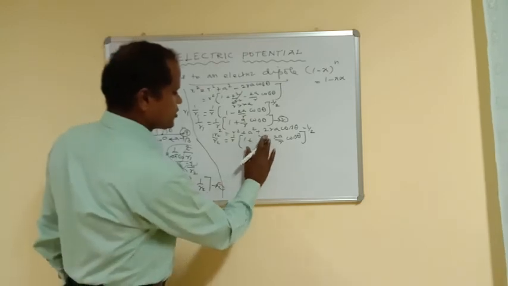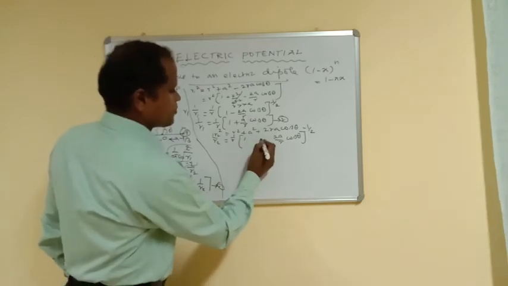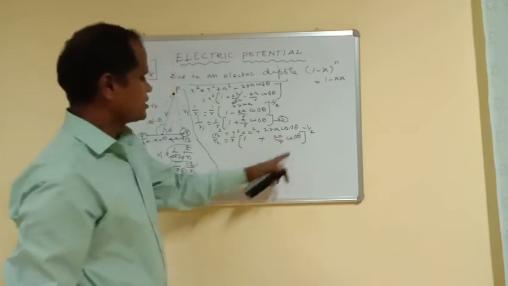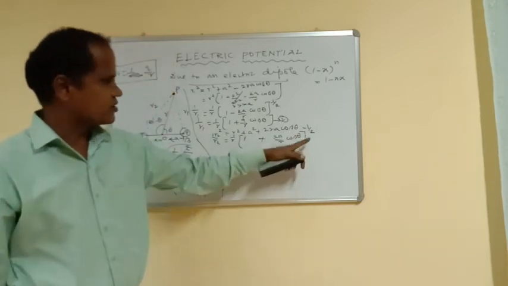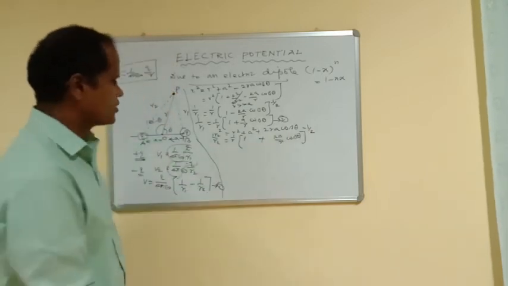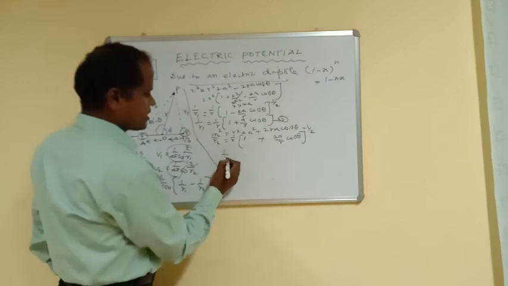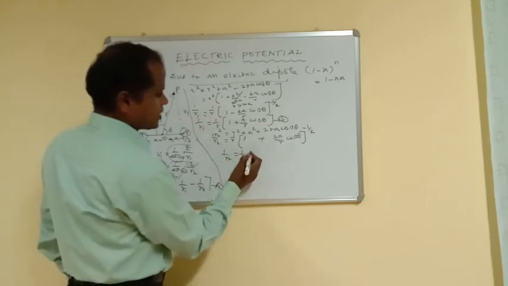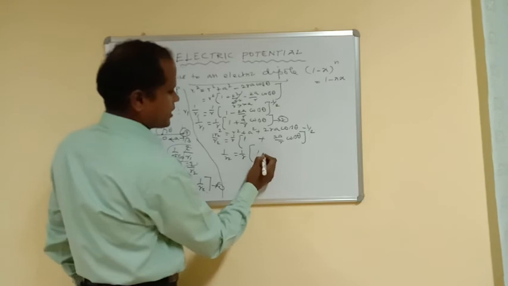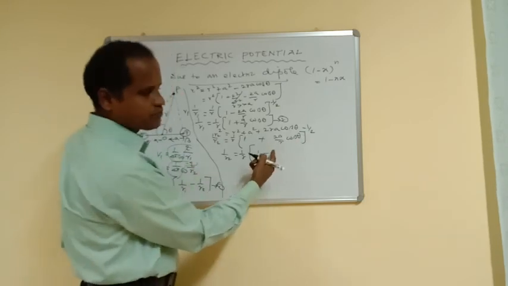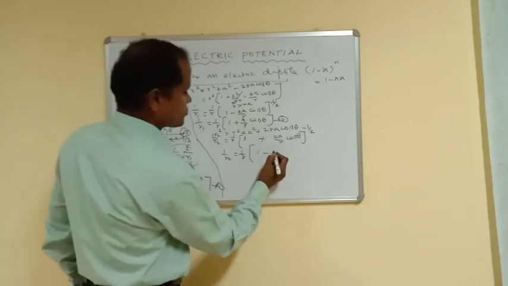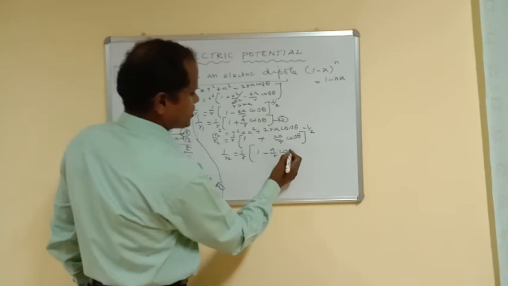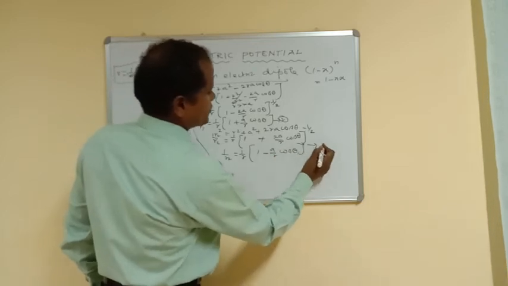According to the binomial expansion, bringing this minus of inside, the equation becomes 1 by R (1 minus A by R cos theta). This is your third equation.